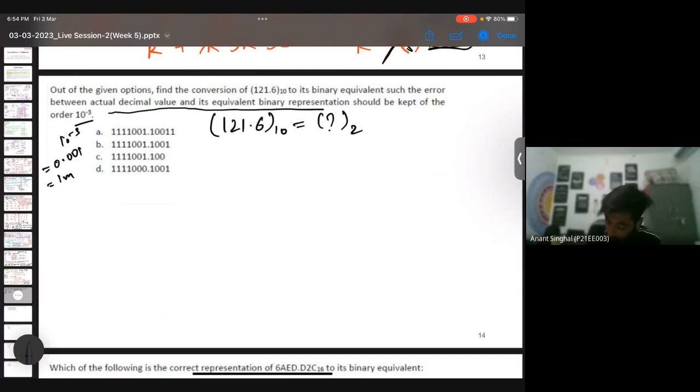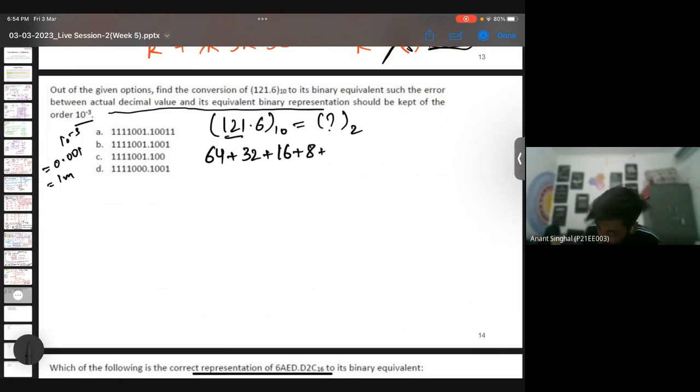So if I try to calculate 121 in the binary system, it will be 64, then 32, so 64 and 32 make 96, and then 16 makes 112, and 112 plus 8.